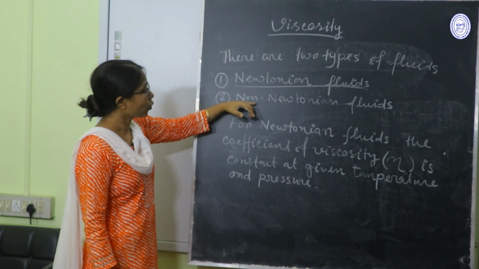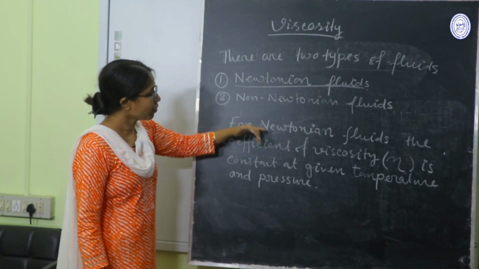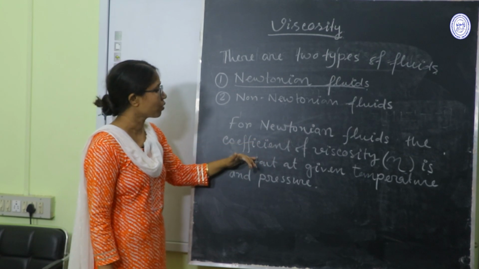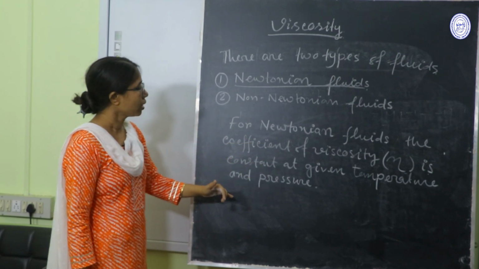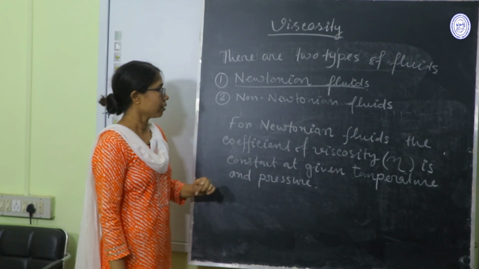Now, what are non-Newtonian fluids? Non-Newtonian fluids are those whose coefficient of viscosity is no longer constant at a given temperature and pressure, and it depends on the velocity gradient.